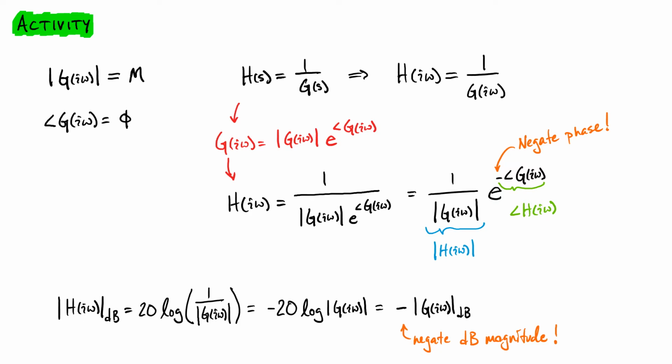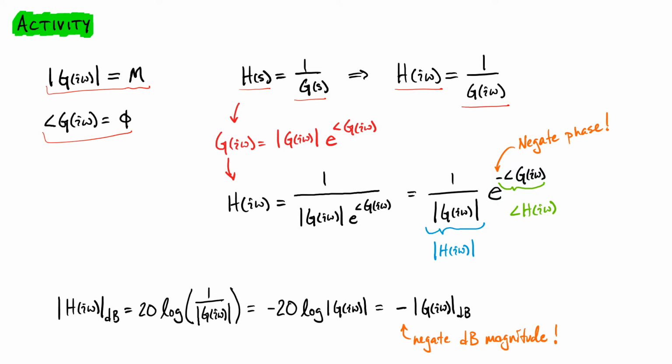All right, so the problem said that we already knew these values, and these are the magnitude and phase of a transfer function g evaluated at i omega. So if we now know that h is just the reciprocal of g, then when we evaluate h at i omega, we also get 1 over g at i omega.